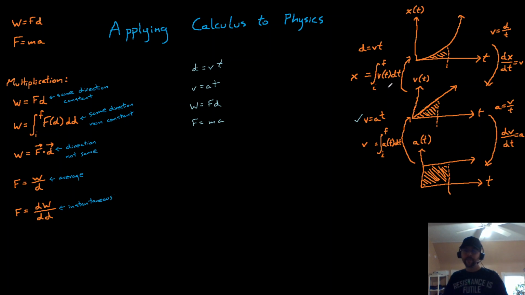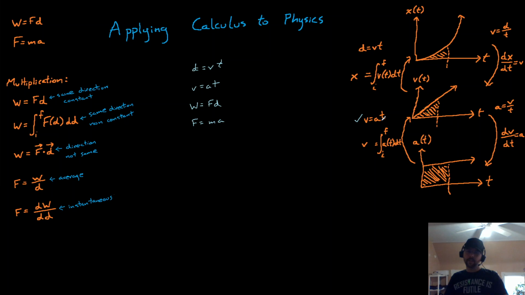What I like about this is that displacement equals velocity times time, and to apply calculus, it's basically just displacement equals the integral of velocity times dt. So there's still this multiplication going on in there.